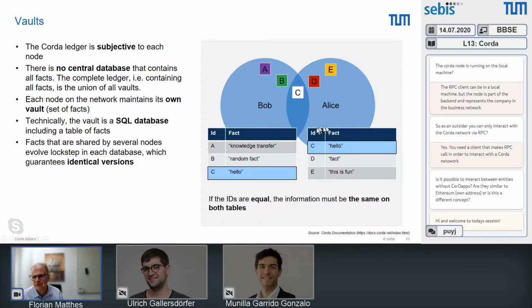If you look at the table of the data accessible to Alice, you would see different data than is accessible to Bob. So in this sense, the ledger is subjective.